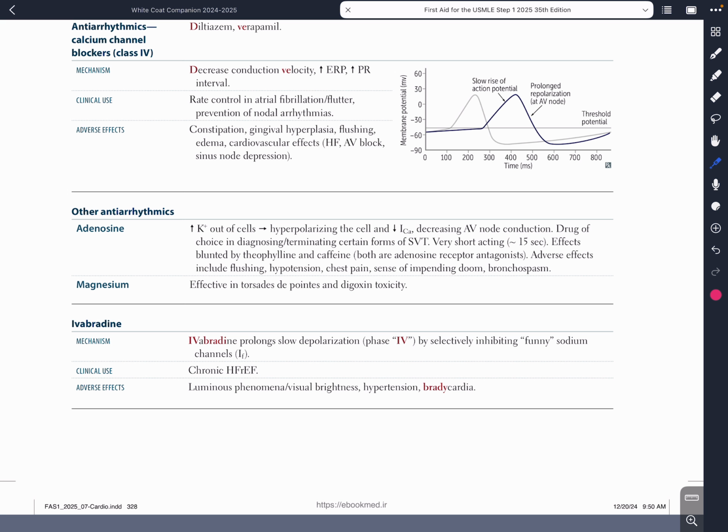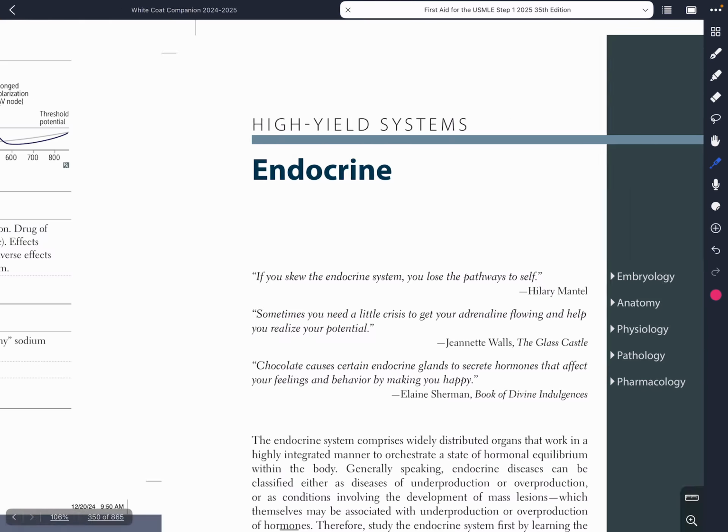Adverse effects of ivabradine include visual brightness, luminous phenomena, hypertension, and bradycardia. Again, funny sodium channels; we don't know what these channels will do. This was the adverse effects of ivabradine. This finishes cardiovascular drugs.